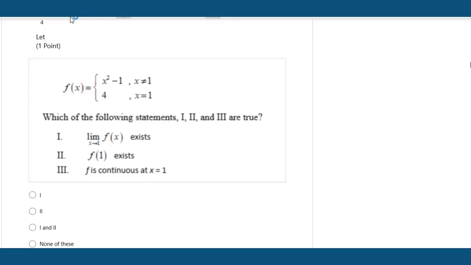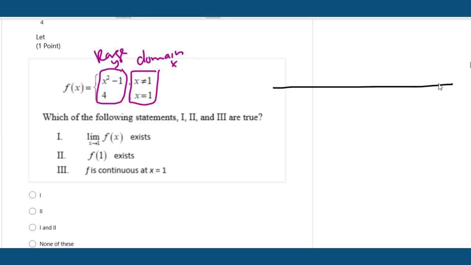Okay, number 4. Given this is a piecewise function. For a piecewise function, this part is the domain, the x value, and this part is the range, or graph, or y. Later we change to a number line.